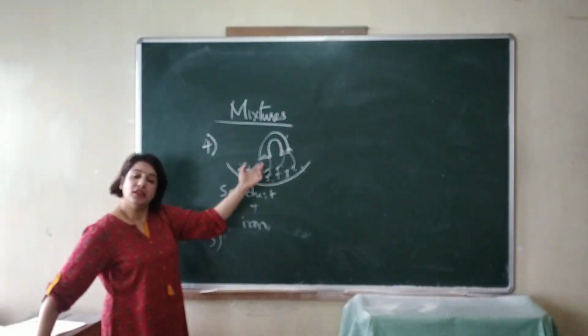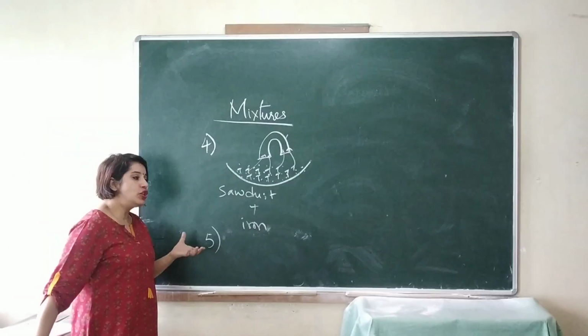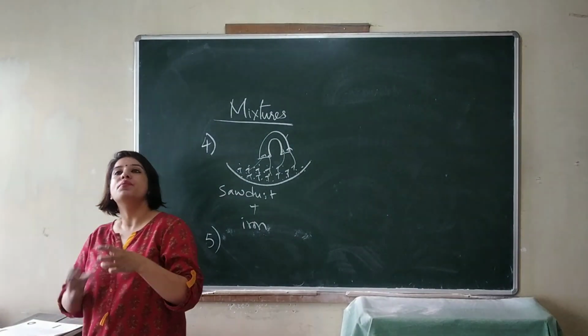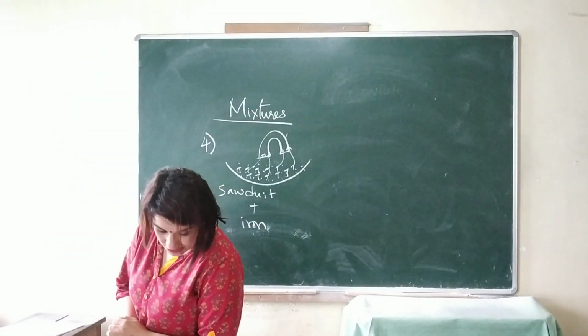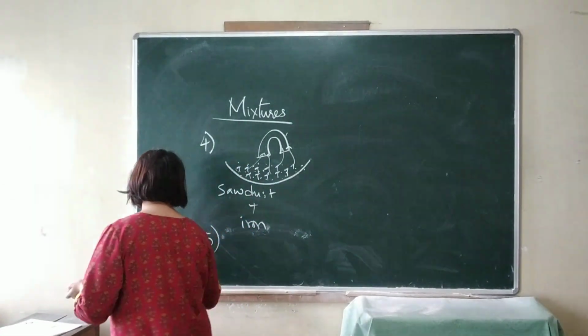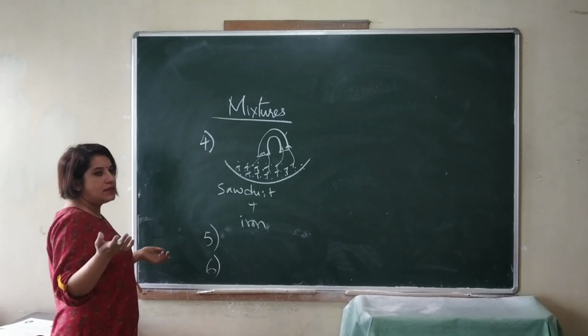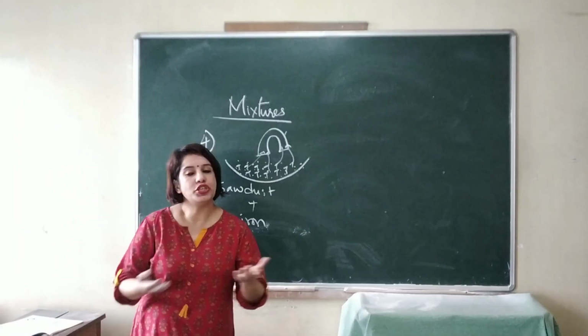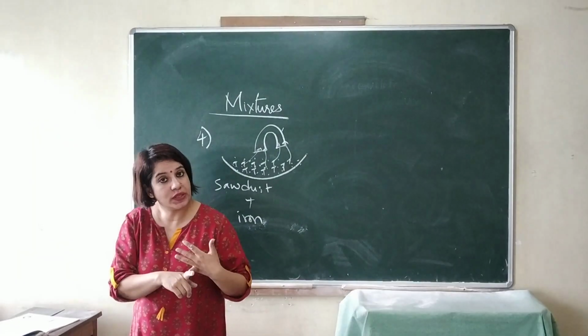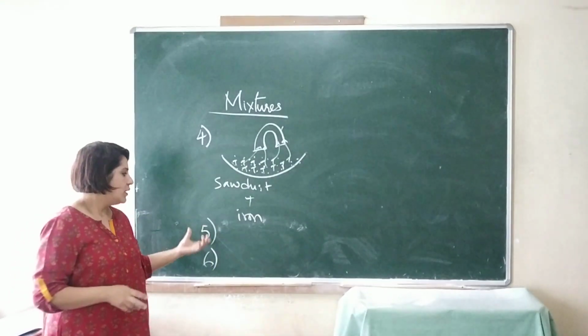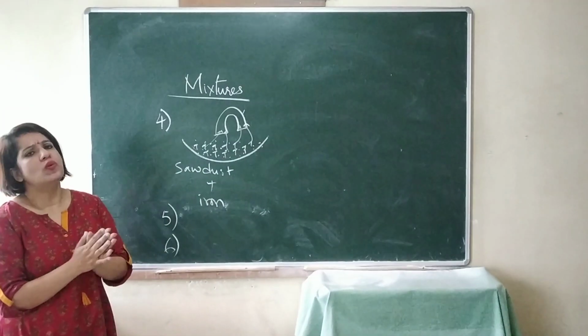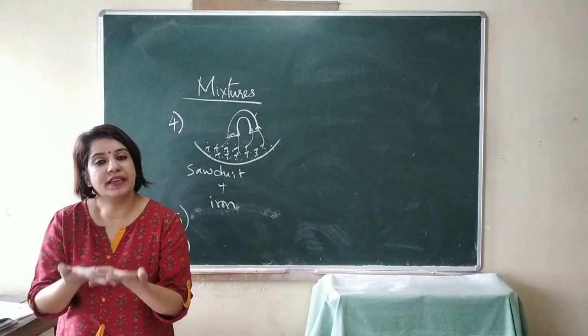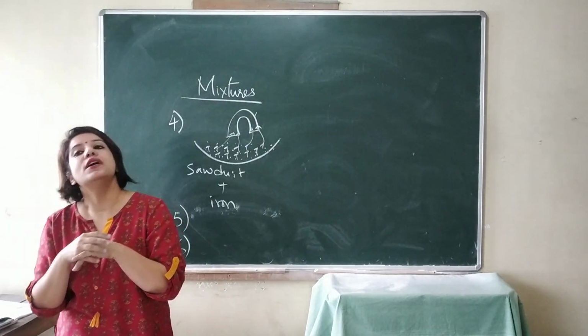What is left behind? Sawdust. So, in a mixture, the components can be easily separated. And the last one: since in a compound a chemical change takes place, it may be exothermic or endothermic. Here it is a physical change, so it is neither; that means heat is neither given out nor absorbed.